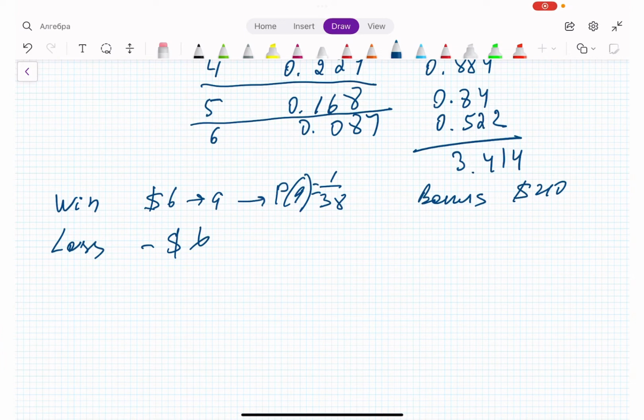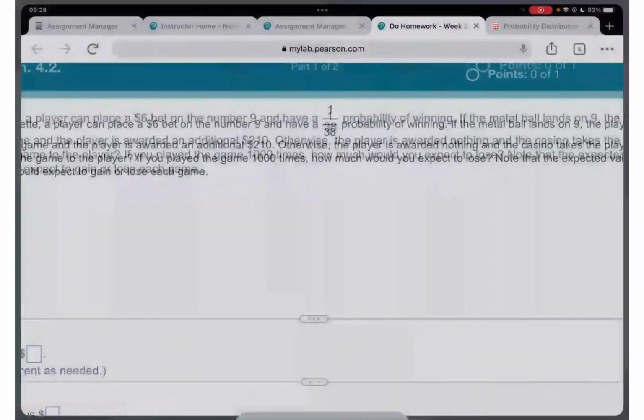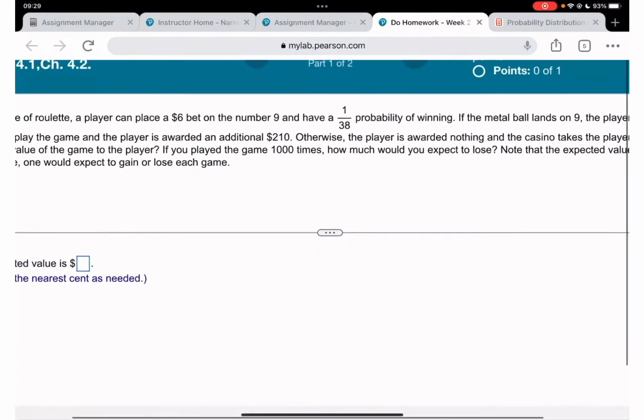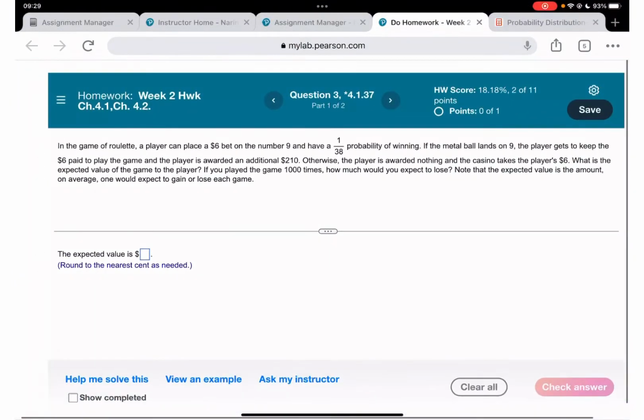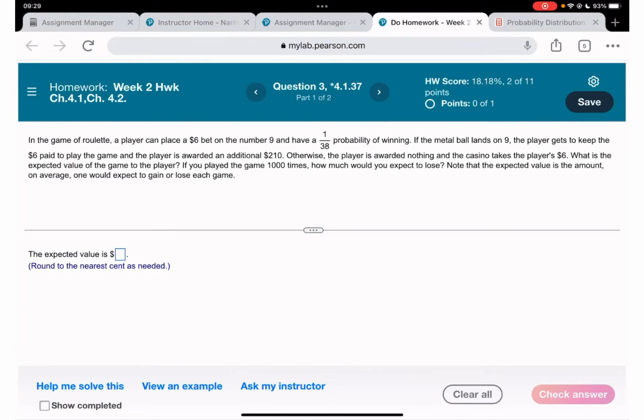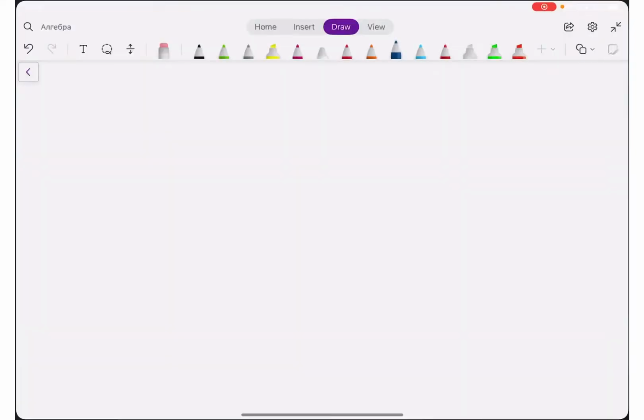What is the expected value of the game to the player? If you play the game 1,000 times, how much would you expect to lose? Okay, we play this 1,000 times.